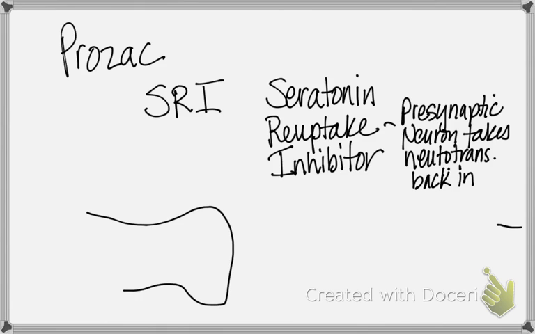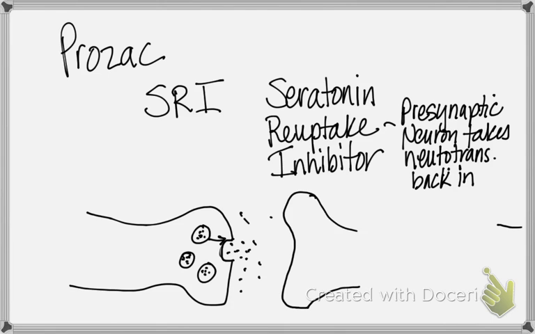So here's your synaptic knob, and you have these vesicles that have this serotonin in them, and they move to the edge, and they fuse with the membrane, and they release the serotonin out into the space. And this is your presynaptic neuron, and this is your postsynaptic neuron.